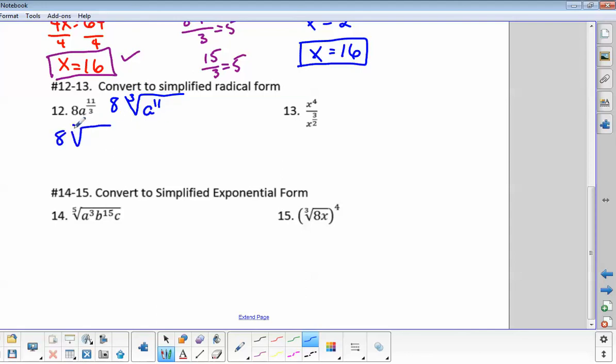I need something that divides by 3, so the biggest exponent that will divide by 3 that's less than 11 is 9 times a squared. So 9 over 3, cube root of a squared, and 9 over 3 is 3, so 8a cubed, and then cube root a squared.